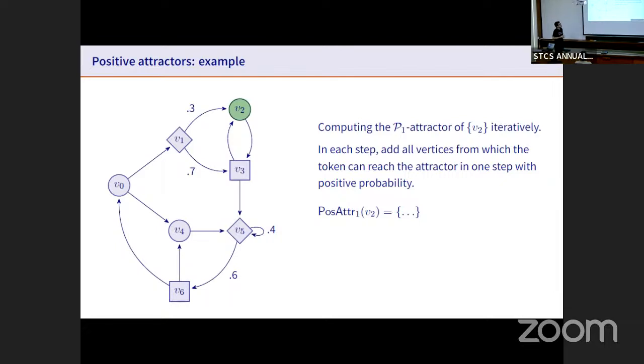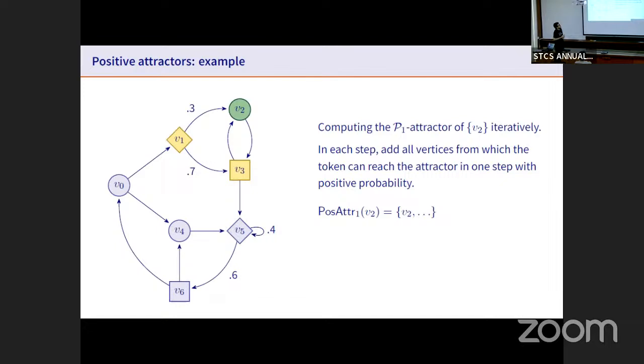We can compute this iteratively. In each step, you check which vertices can reach your target set in one step with positive probability. You start with V2 already in your target set, and then you can reach V2 in one step from V1 and V3.